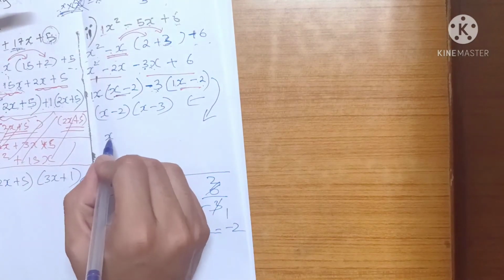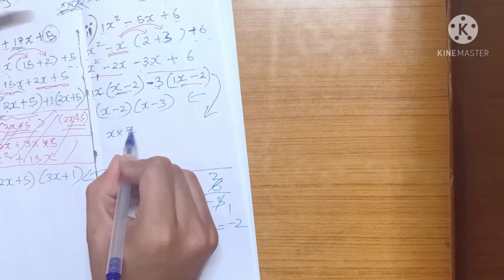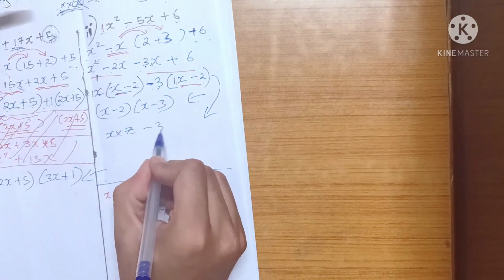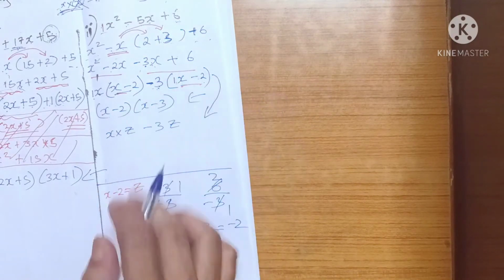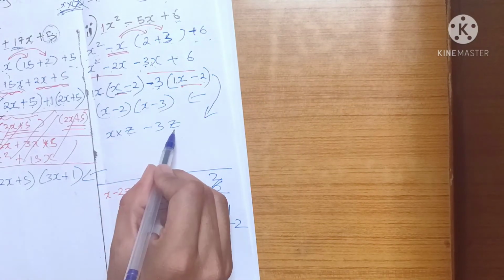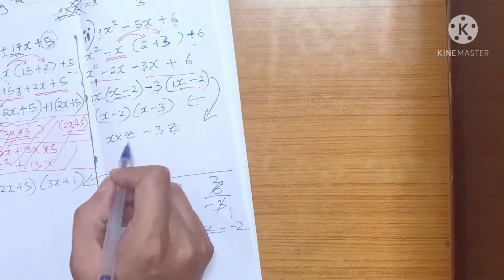So x into, instead of x minus 2, I'm going to write z. And then here also, instead of x minus 2, z. Minus 3 into z. So z and z are the same, just like how we take the same x's out.